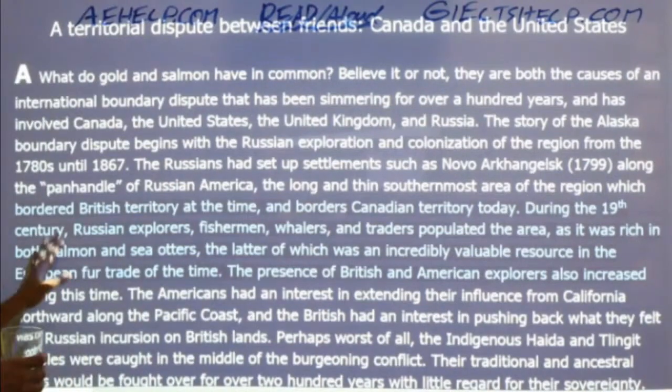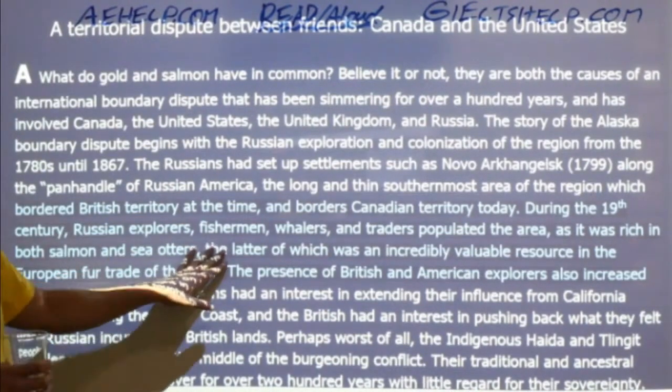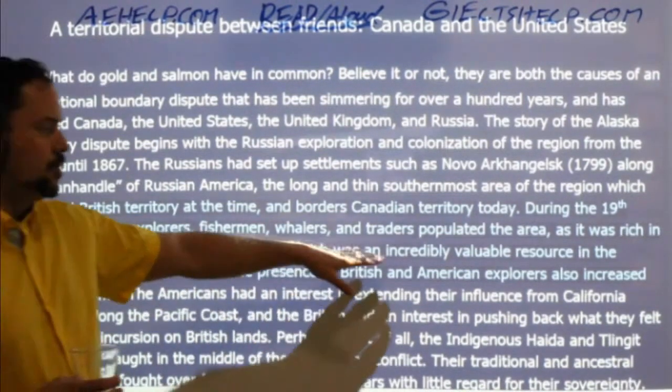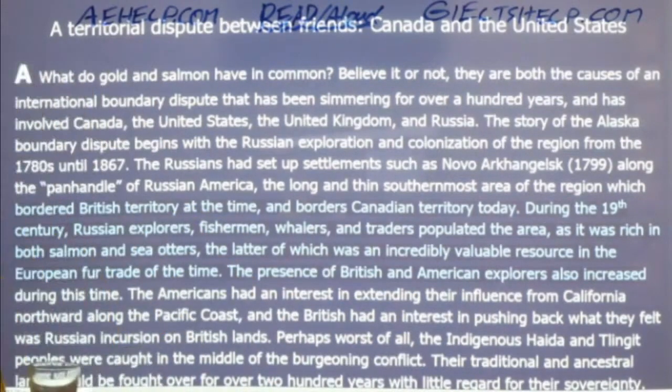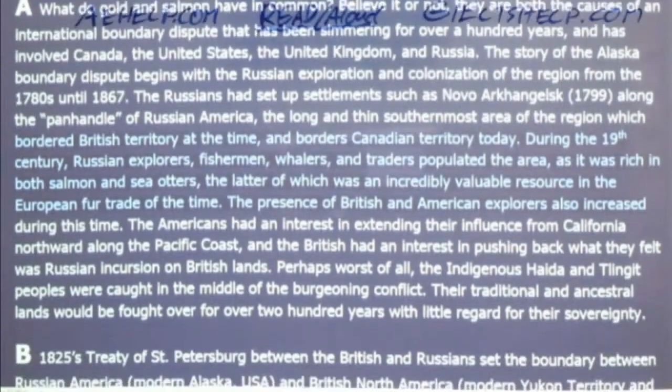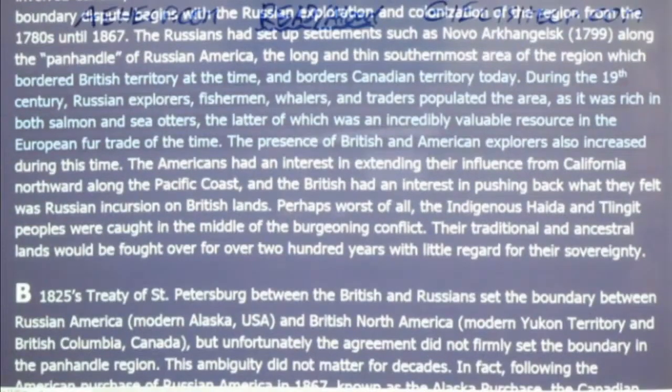During the 19th century, Russian explorers, fishermen, whalers, and traders populated the area, as it was rich in both salmon and sea otters, the latter of which was an incredibly valuable resource in the European fur trade of the time.